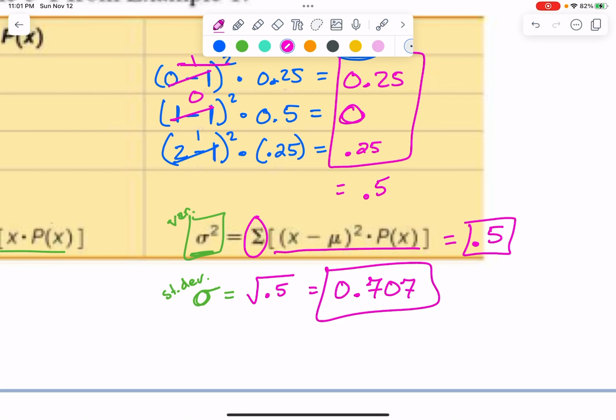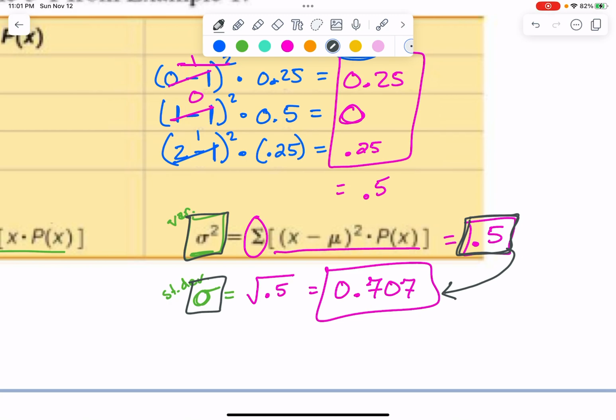Okay, now this is confusing for people sometimes, and I want to address this really quick. Normally your variance is larger than your standard deviation, right? Because you take the square root. But when you have numbers that are less than 1, as in decimal numbers, when you take the square root of a decimal, you get a larger number. Okay, so that's a little bit hard for people to wrap their brains around.